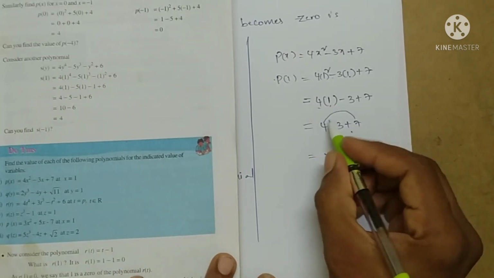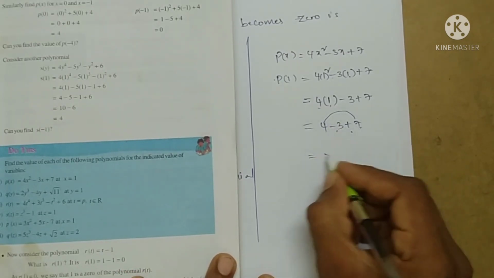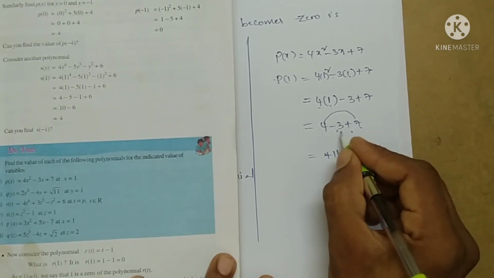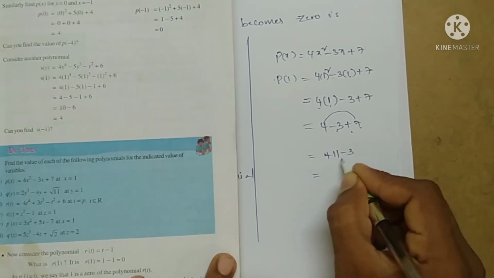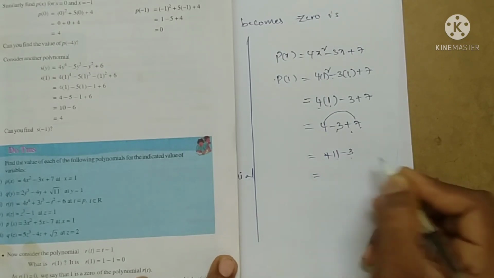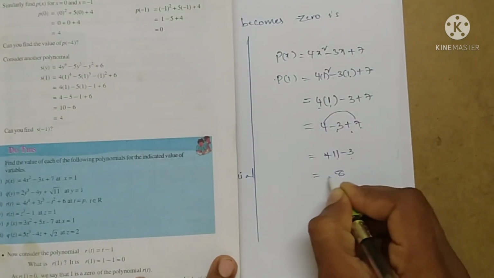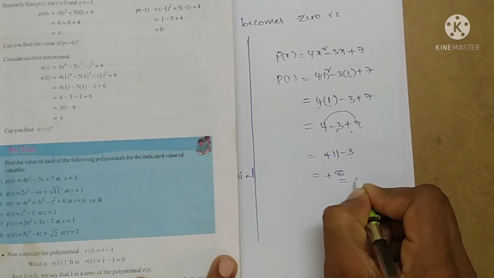Here 4 plus 7 is 11, and 11 minus 3 is 8. 8 is the final result.